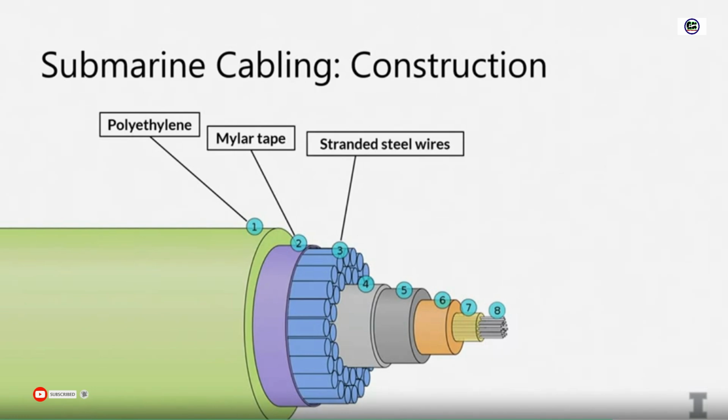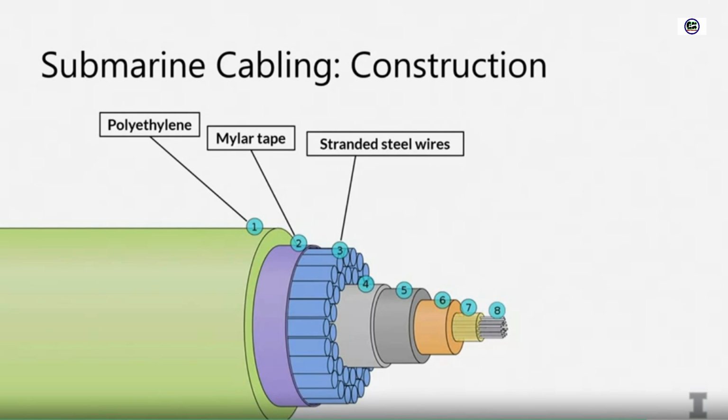So we have stranded steel wires, big thick pieces of steel that coat the wire and prevent strong physical damage. We use steel here and use wiring as opposed to a single sheath, because you want it to flex a little bit. If something strong hits it, you want those steel wires to move a little bit and absorb it. If you use a single sheath, then it might crack, it might tear, and water might get in and things like that.